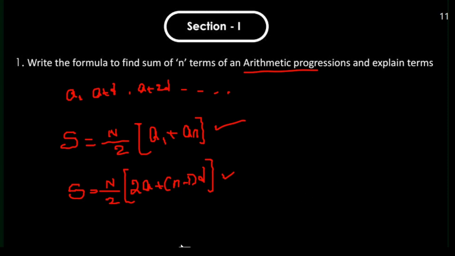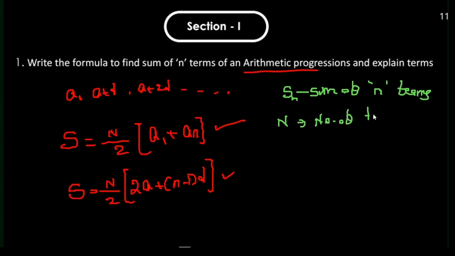Now let's come to the terms. Here Sn is nothing but the sum of n terms. Capital N is nothing but the number of terms. A is nothing but the first term in the AP.